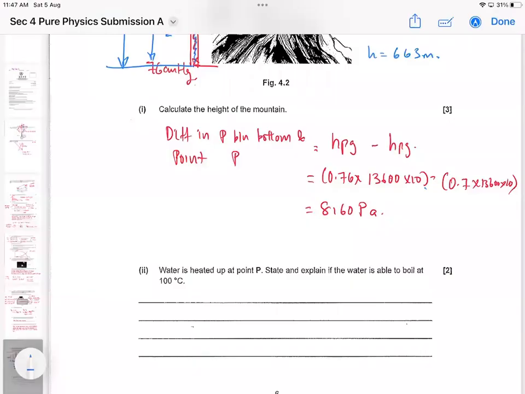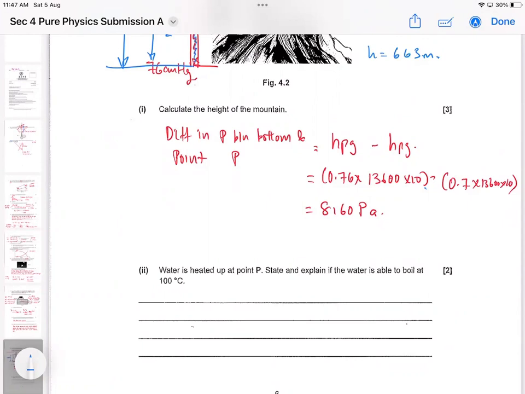Point P and normal ground, right? What is going to happen to the boiling point of water when you move it up to the higher ground at point P? With respect to 100 degrees Celsius at ground level, what would you think?